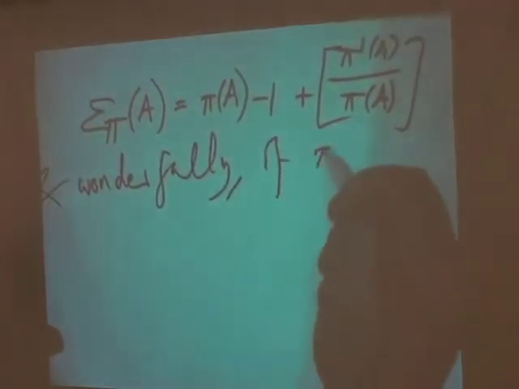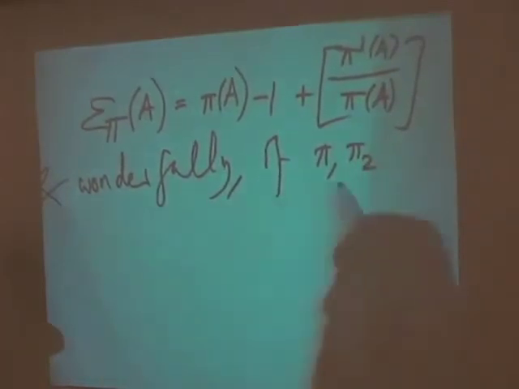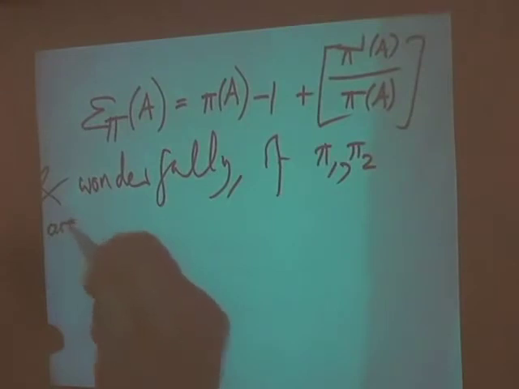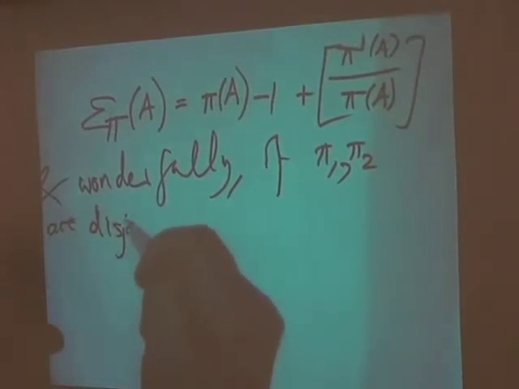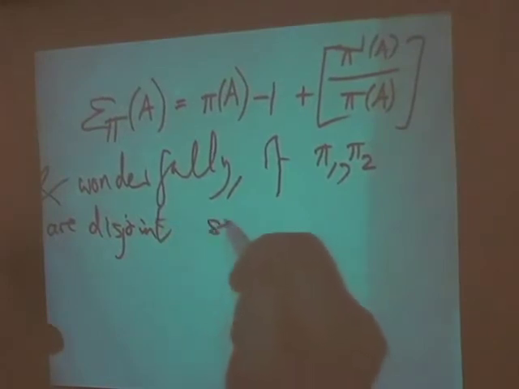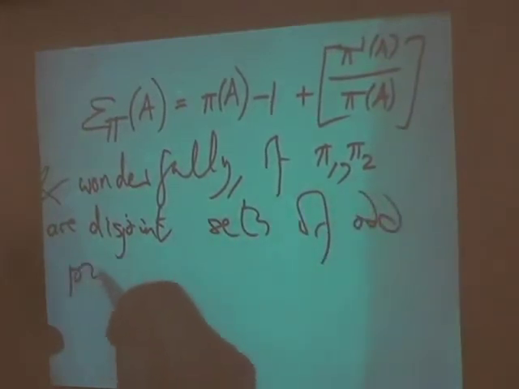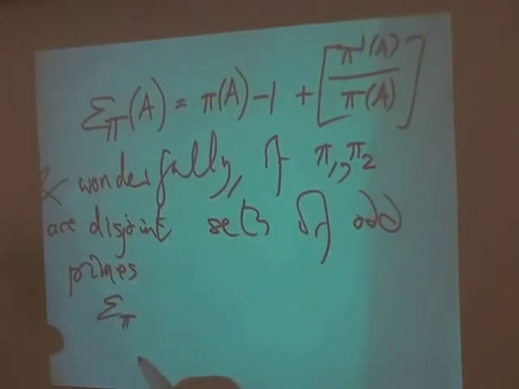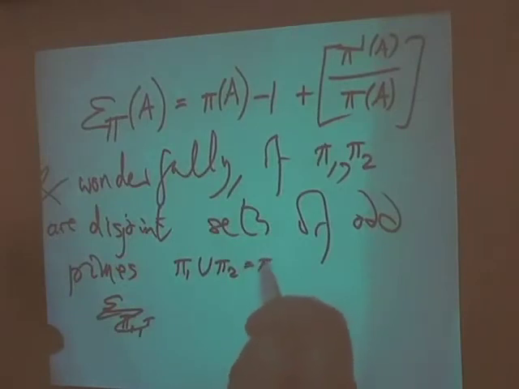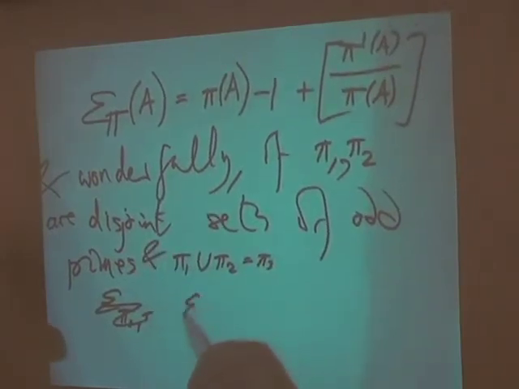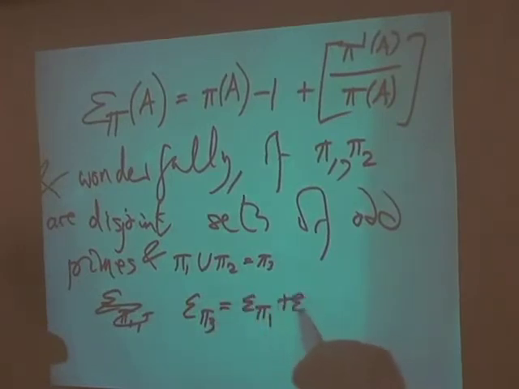If pi 1 and pi 2 are disjoint sets of odd primes, and pi 1 union pi 2 equals pi 3, then epsilon pi 3 is epsilon pi 1 plus epsilon pi 2.